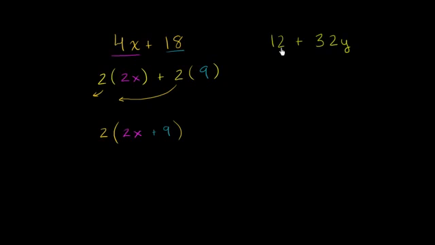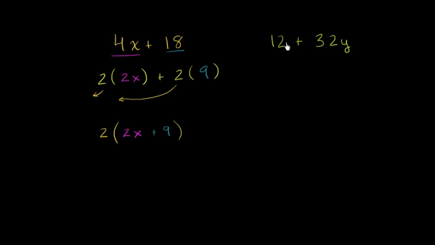Well, what's the largest number that's divisible into both 12 and 32? 2 is clearly divisible into both, but so is 4. And let's see, it doesn't look like anything larger than 4 is divisible into both 12 and 32. The greatest common factor of 12 and 32 is 4. And y is only divisible into the second term, not into this first term right over here. So it looks like 4 is the greatest common factor.